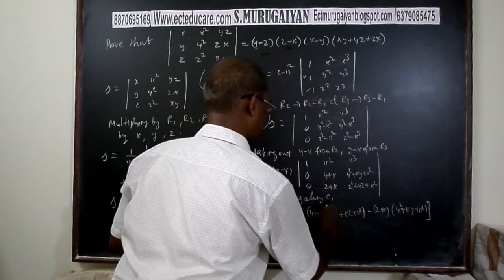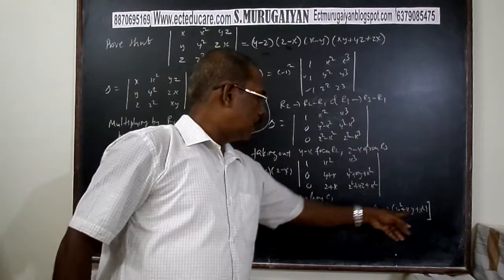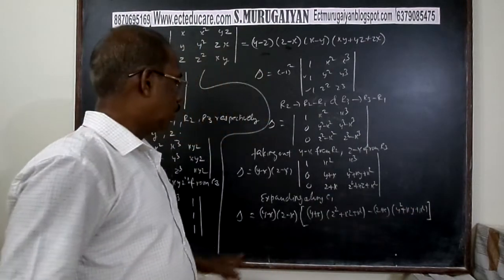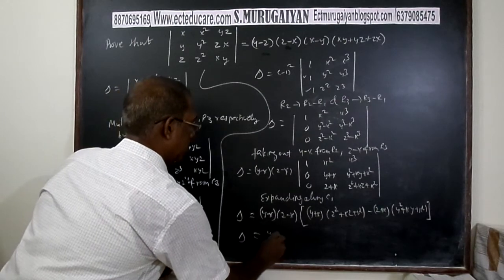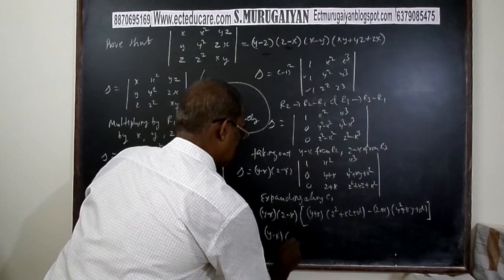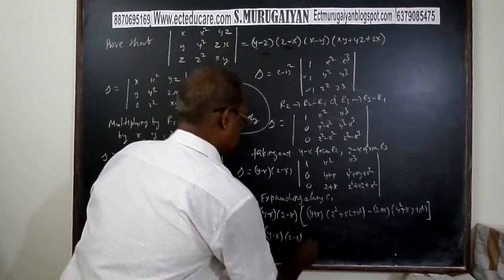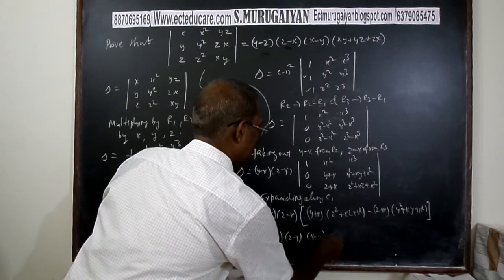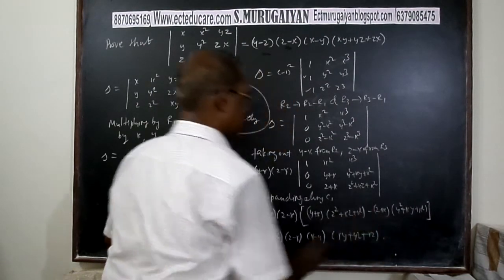Okay. If we multiply and rearranging the terms after factorization, we can get delta equal to y minus x, z minus x, then x minus y into xy plus yz plus xz.